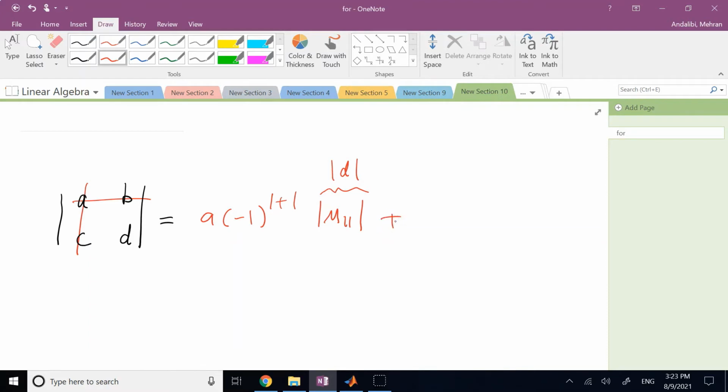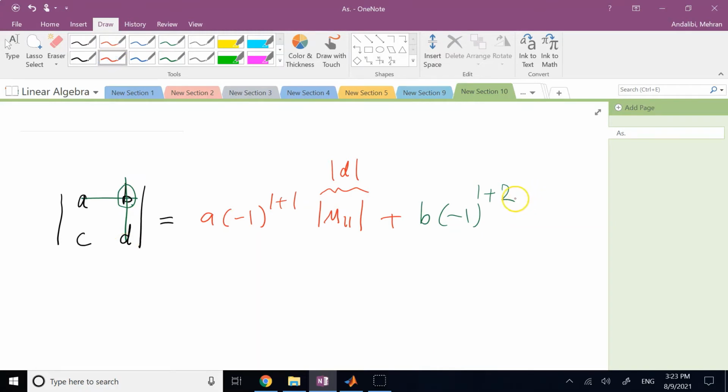And then plus, now the second element, which is B, so it's going to be B times -1 to the 1 plus 2 times, now what? A matrix where the first row and the second column are eliminated. Basically the row and the column that has this B at its intersection, right?